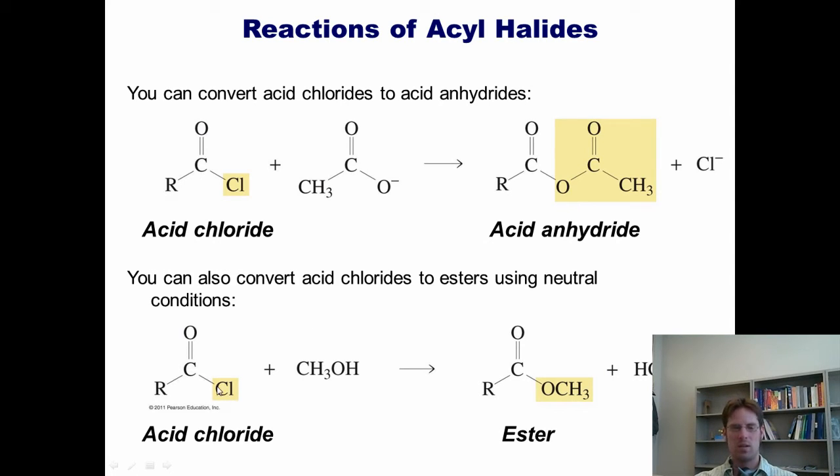Similarly, I can replace the chloride with an OCH3 to form an ester under neutral conditions. Now you'll remember the previous slide I had a methoxide where there was a solid minus charge on this oxygen, but I can also do that under neutral conditions. What are the mechanisms of these reactions?